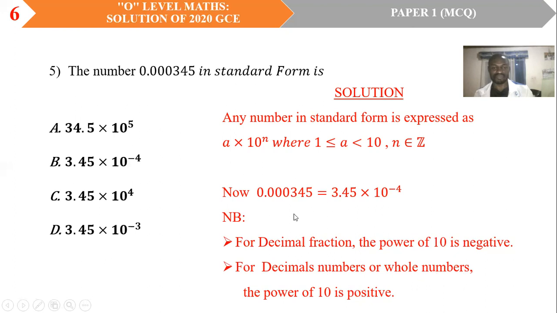For a number with a whole number part and a decimal part, I will shift from the left to get a. But since it is strictly a decimal fraction, the only way we can get a is to shift the decimal place to the right, and by so doing, we have a negative power of 10. So answer B.